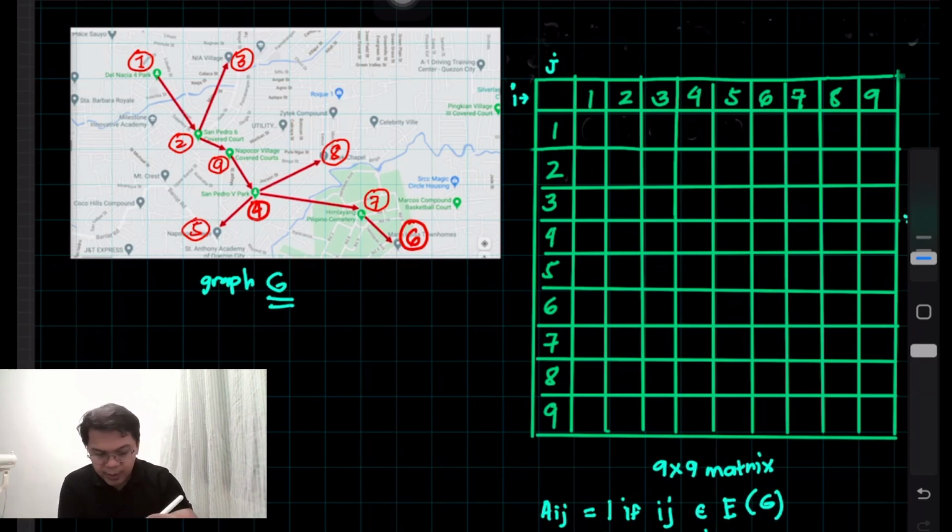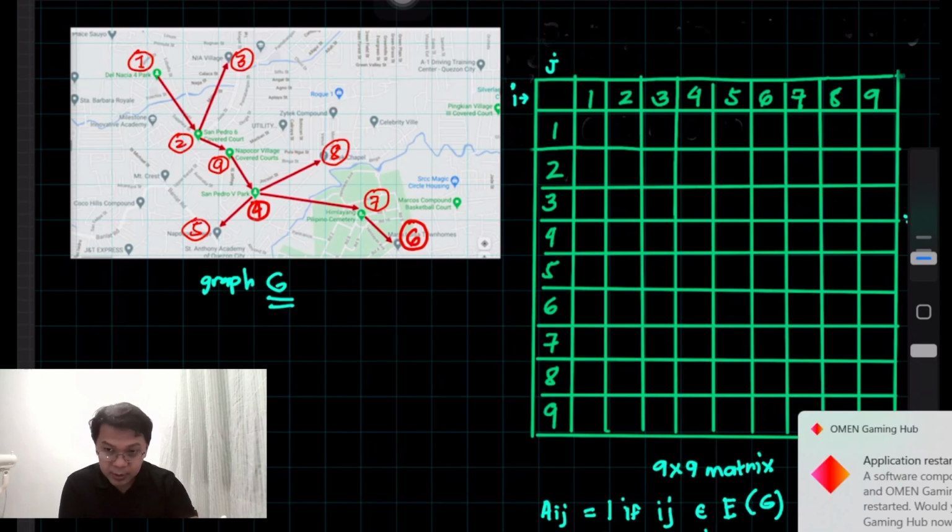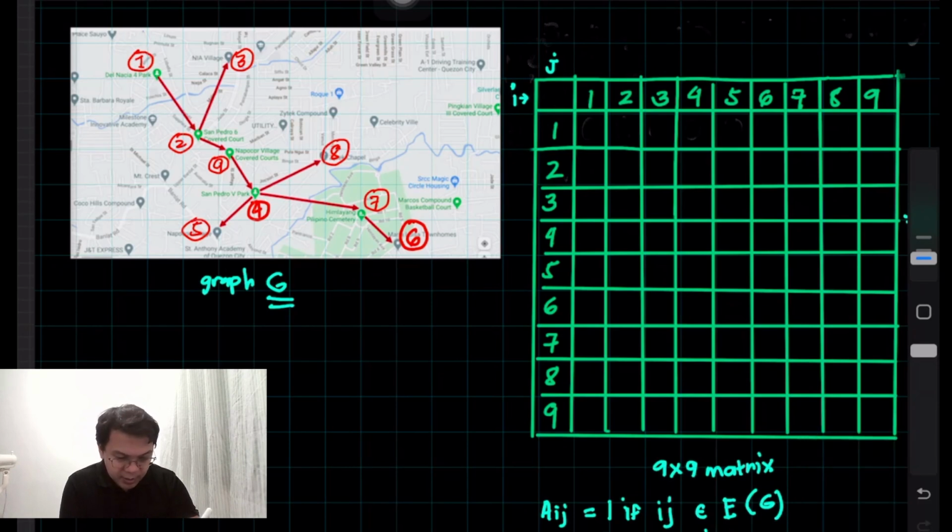So we do it by first checking the row against the column. Our first row is row number 1, which is represented by the vertex 1 going to 1. So is there any edge going back to 1? I guess not, so I just put 0.